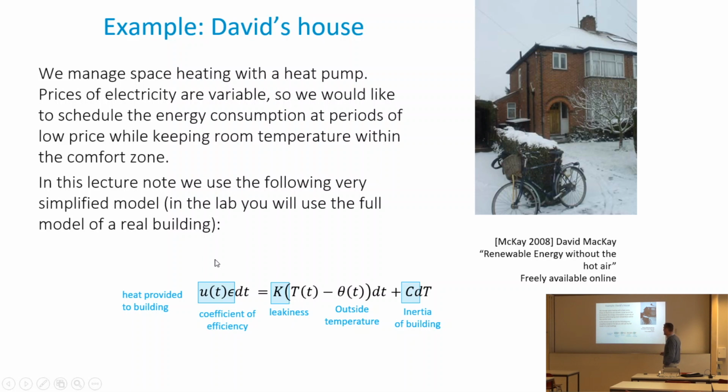So some of the heat you're using goes into heating the air and the walls and all the things that are inside the house. And another part of it goes away, except if the house were perfectly insulated, then this would be 0. But in reality, that's never the case.